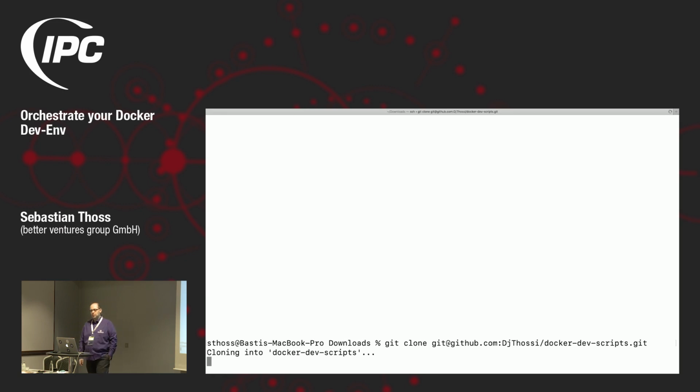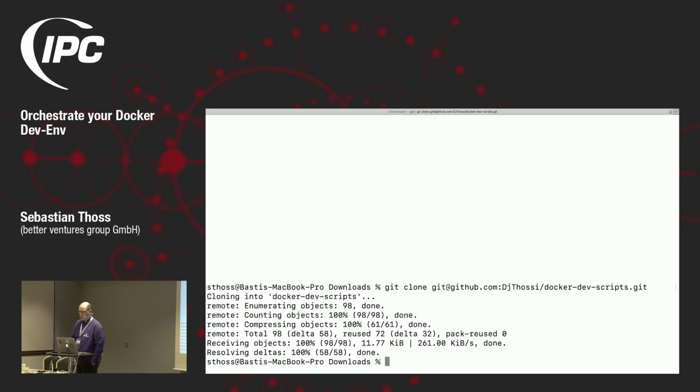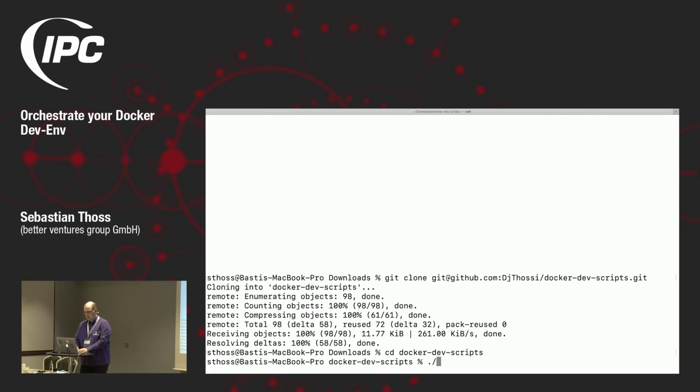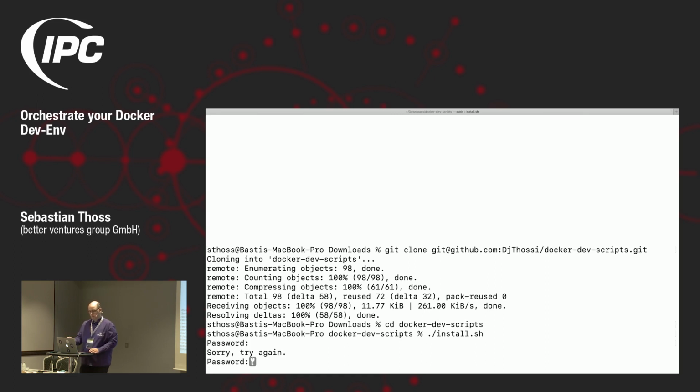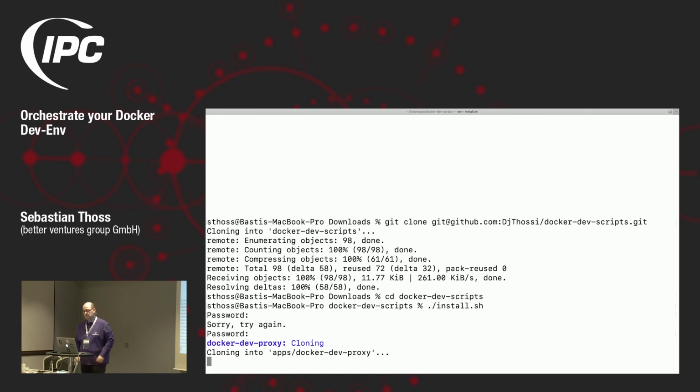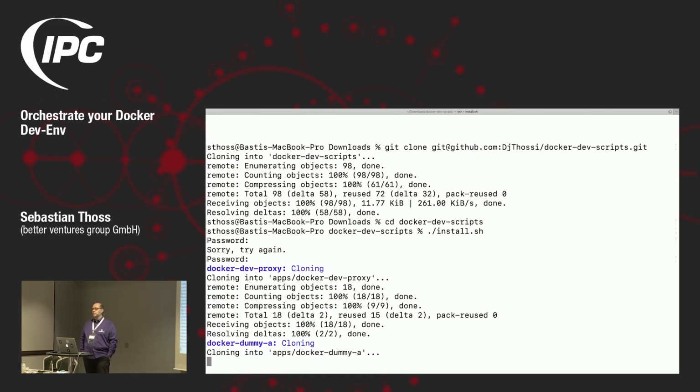Just cloning. Hopefully that works now. Yep, it takes a while. So, cloning this repository, then going into the Docker Dev scripts and then running simply install.sh. Yep. That's it. And now it's installing.